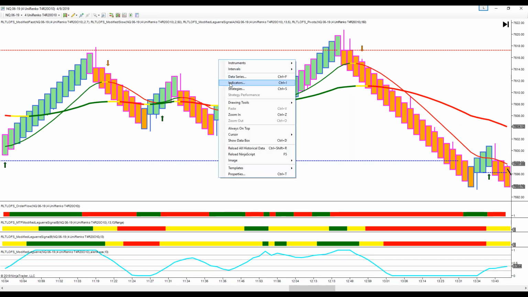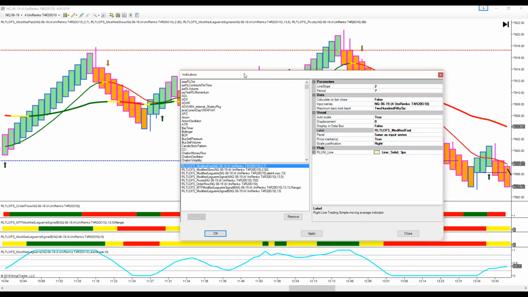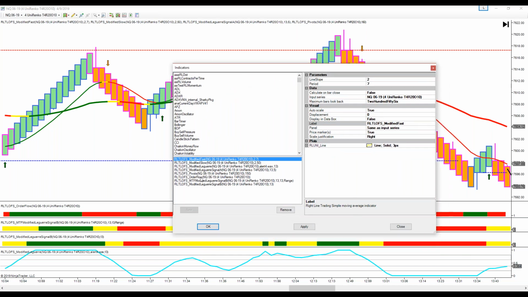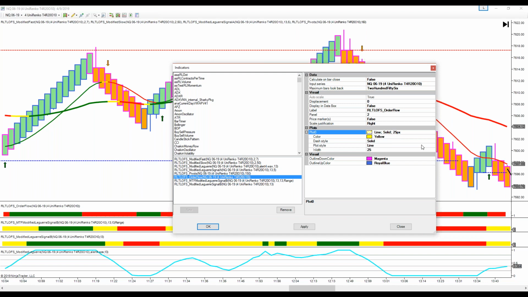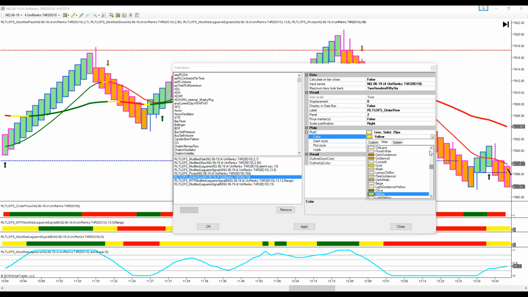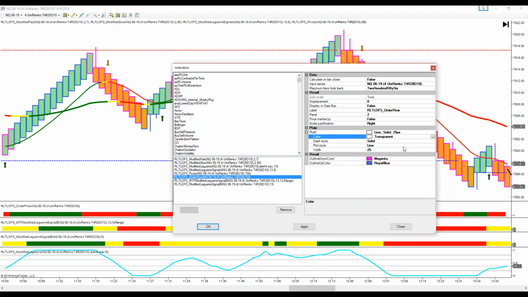I can make my order flow line invisible. Now, I just want to show you that with order flow, you can decide what up color and down color you want. You can also determine the thickness. But I'm going to take the order flow line, which is line number 1, and make it transparent. The reason I can do that is because I'm getting all the data on the candle halo.